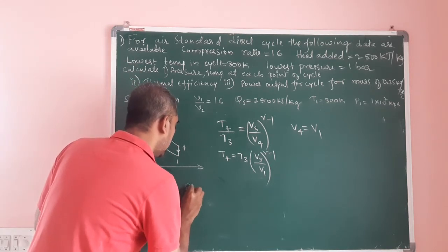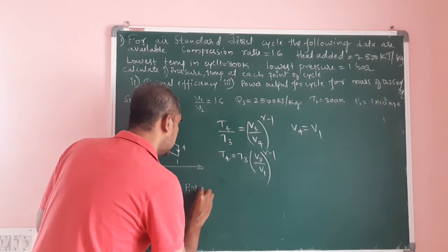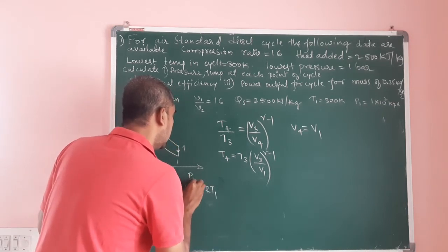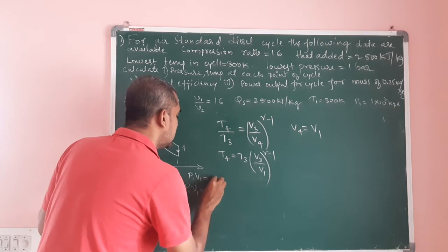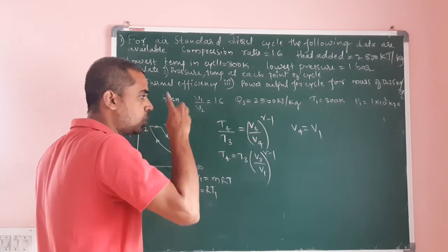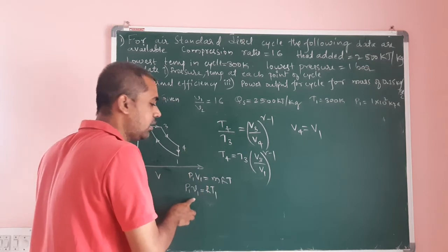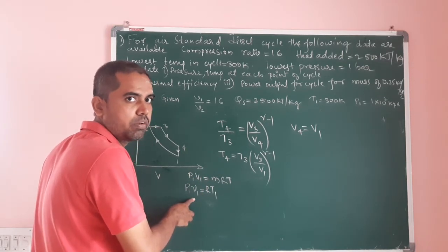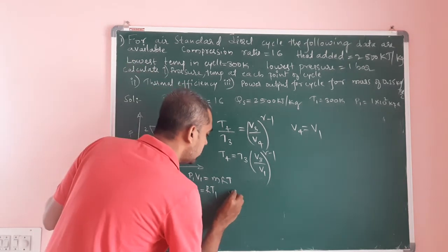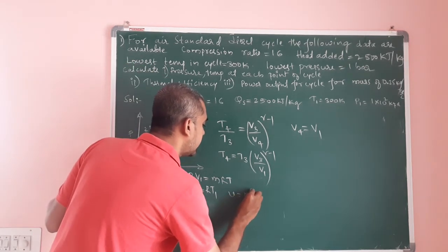Small p1 v1 is equal to R T1. If it is capital P1, then it is M R T1. Here capital V is total volume, and small v is specific volume. Its unit is meter cube per kg.